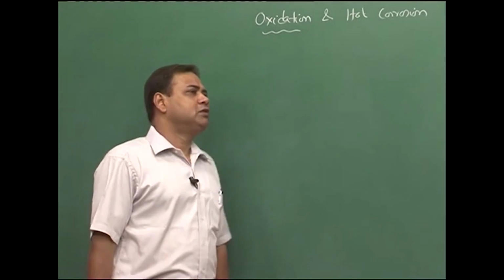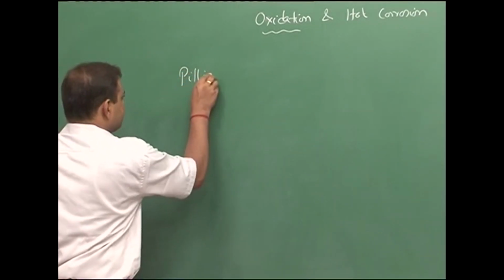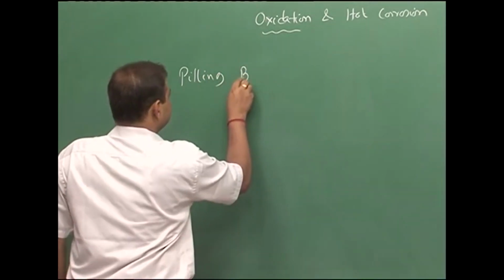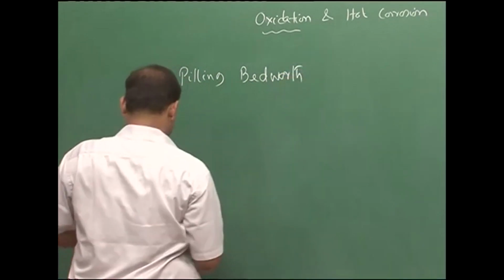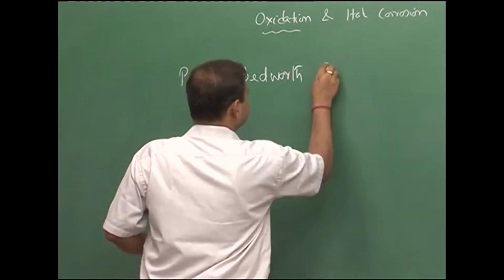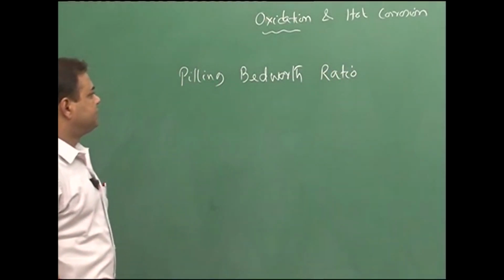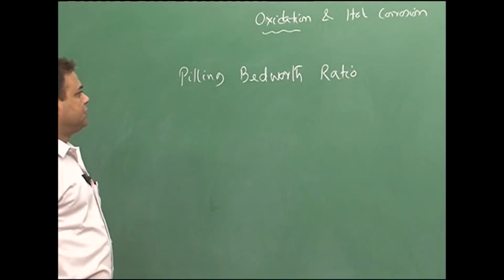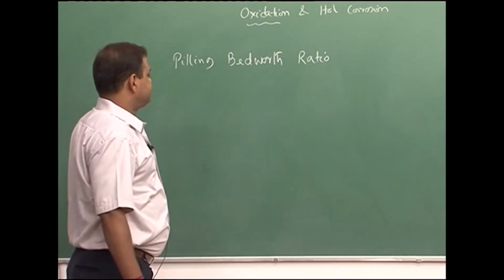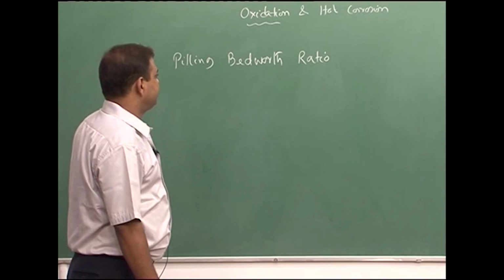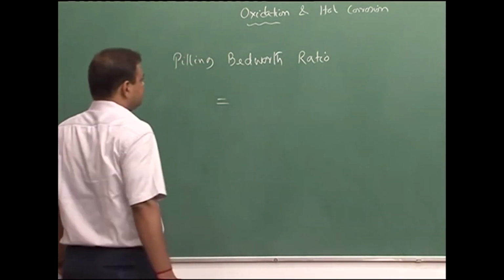That ratio is called the Pilling-Bedworth ratio. It is basically a sort of qualitative approach to understand the oxidation resistance of a particular metal or alloy.